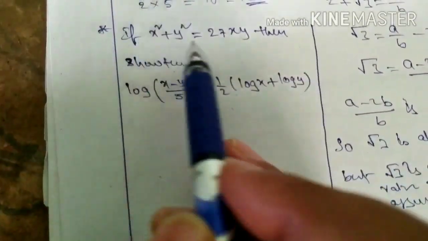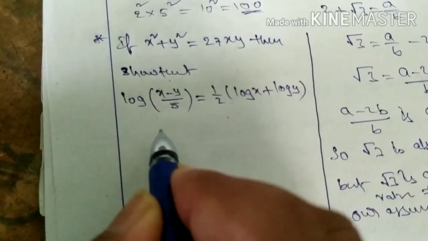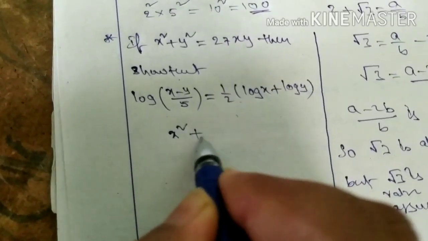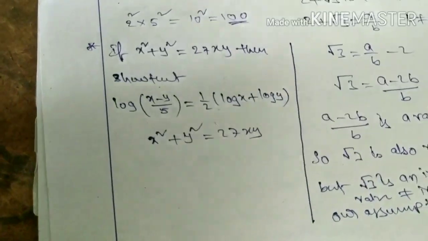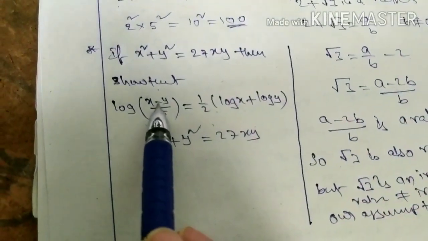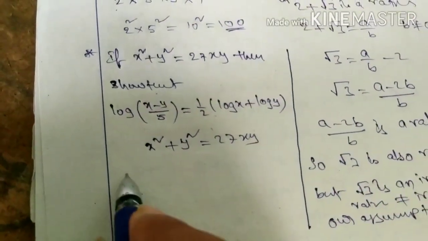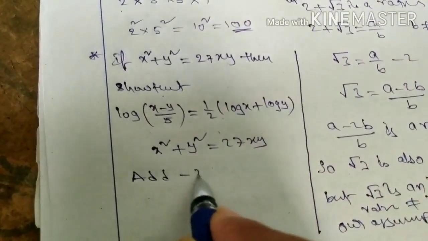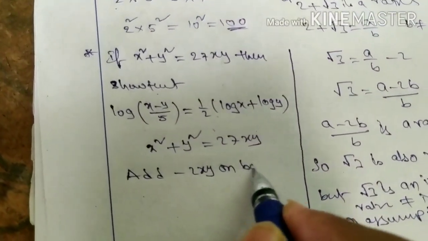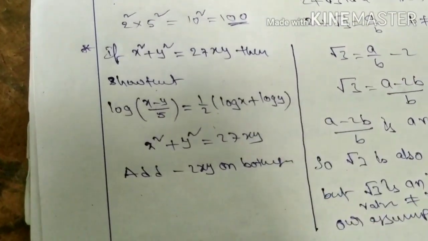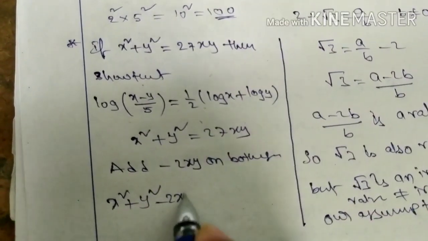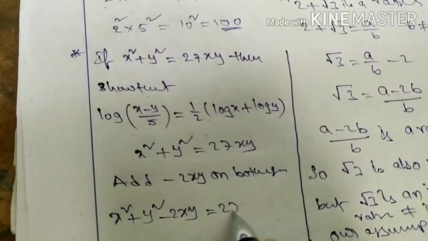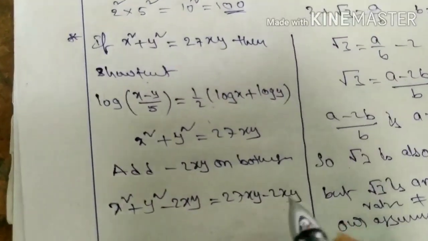First, the 'if' part is nothing but the given part. So you can take x square plus y square is equal to 27xy. What you have to show has a minus in it, that's why add minus 2xy on both sides. Now x square plus y square minus 2xy is equal to 27xy minus 2xy.